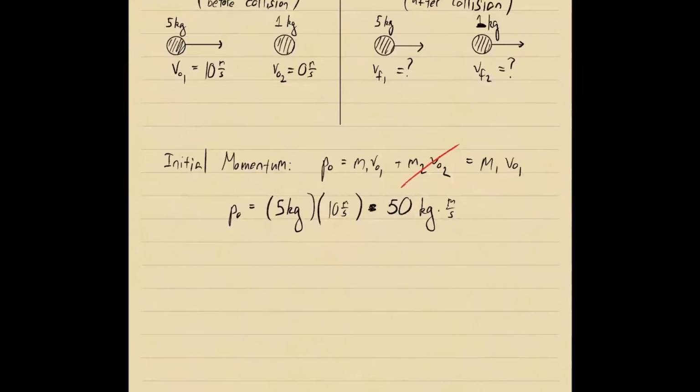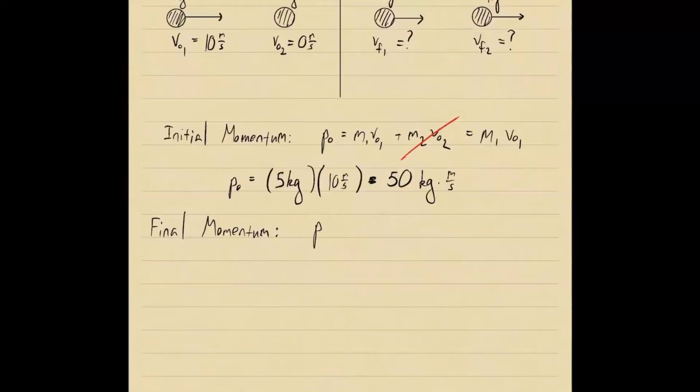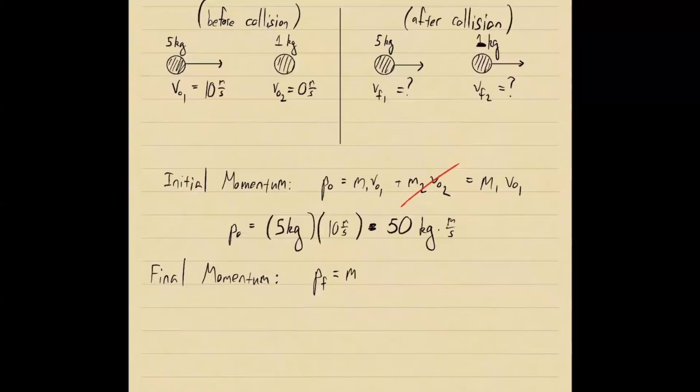For the final momentum, we look at the momentum of our system after the collision. It is the mass of the first ball times the final velocity of the first ball, plus the mass of the second ball times the final velocity of the second ball.